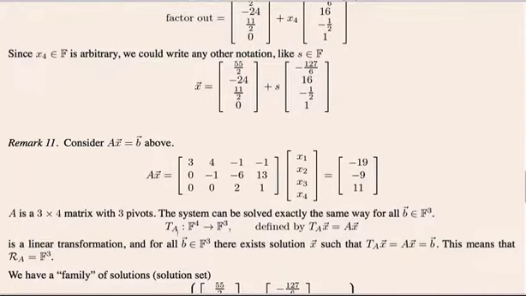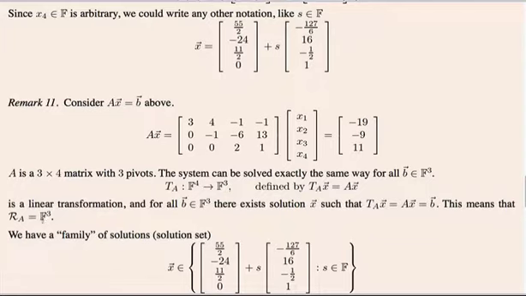That means for any b vector in F3 there is an x such that T_A(x) equals b, which means that actually the range of the transformation is the whole F3, because you can get an x that maps to b for any b in F3. So we have that the range is the whole F3 vector space.